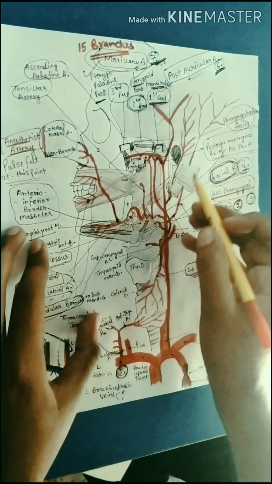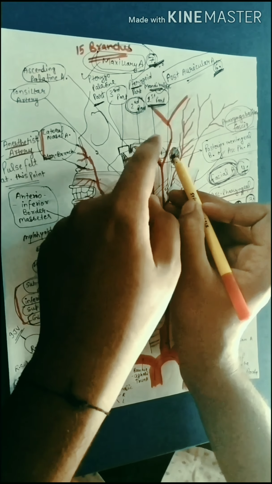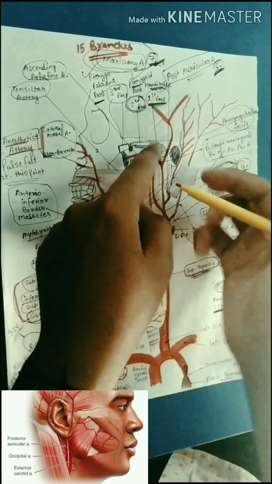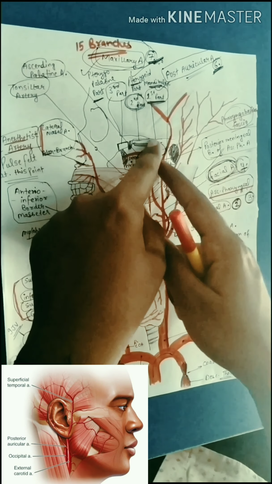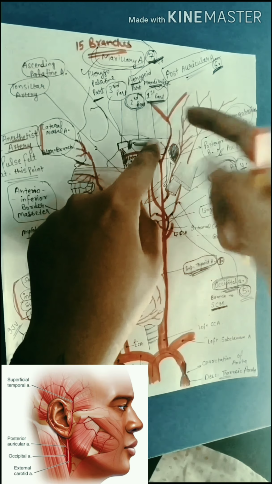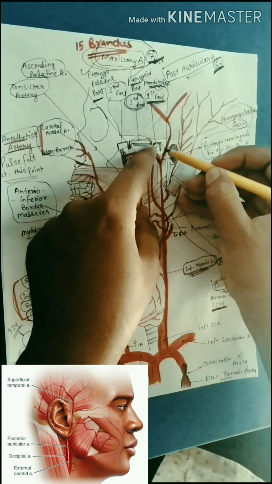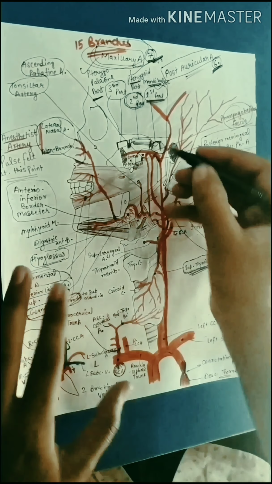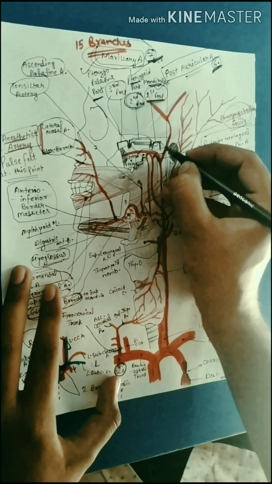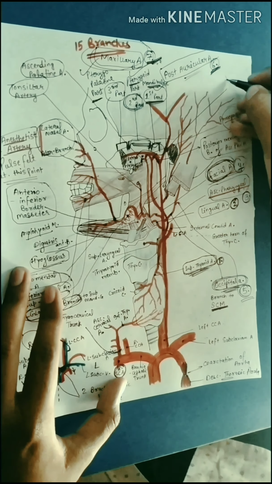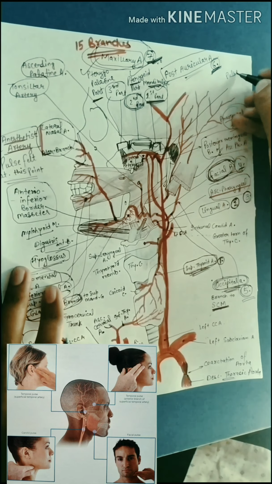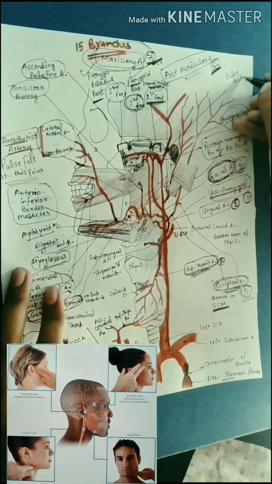Now this superficial temporal artery divides into two branches, anterior and posterior. We can feel pulsation over here. This point is where the pulsations of the superficial temporal artery are felt. Right at this point we can feel the pulsations, right?